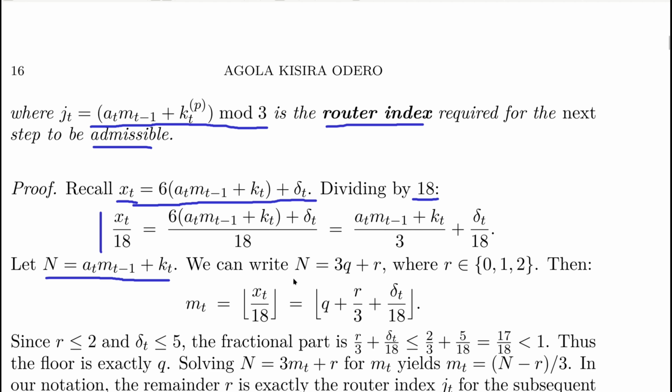We can write n is equal to 3q plus r, where r is any of 0, 1, and 2.